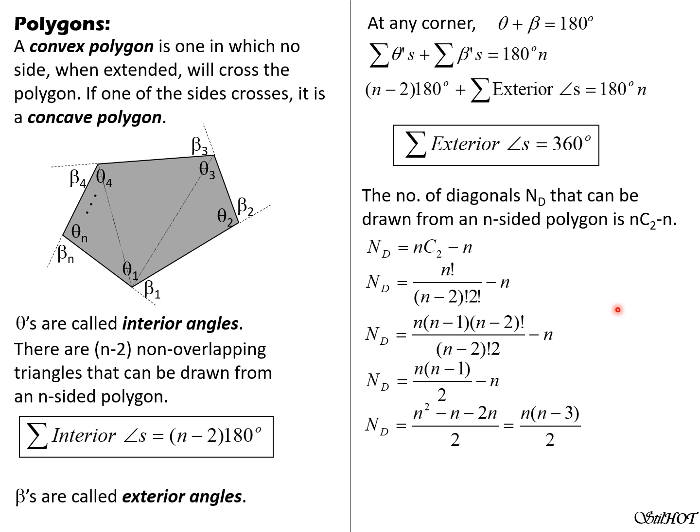It's easier to use nC2 than the formula for the number of diagonals. We just subtract n to determine the total number of diagonals. So anyway, that's the derived formula for the number of diagonals.